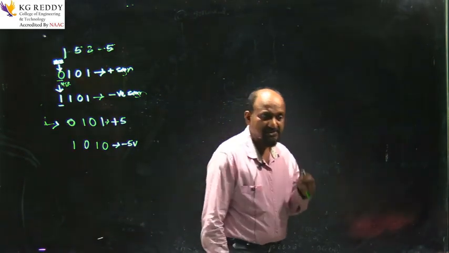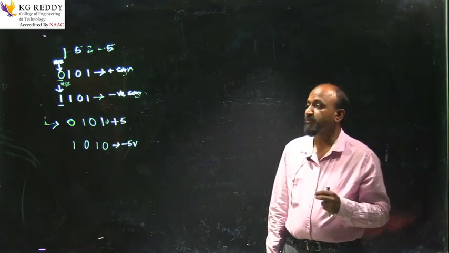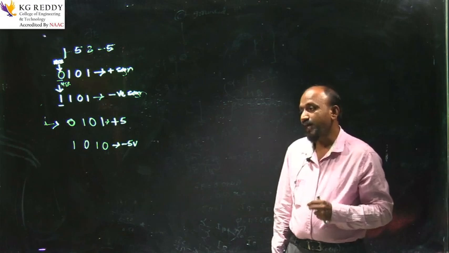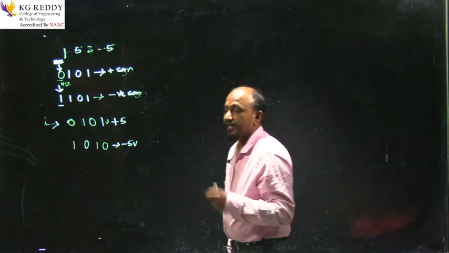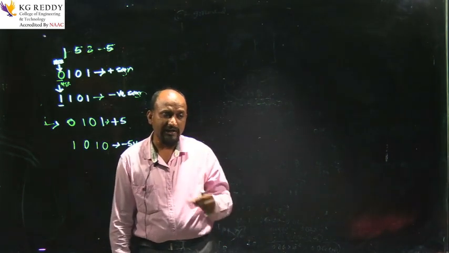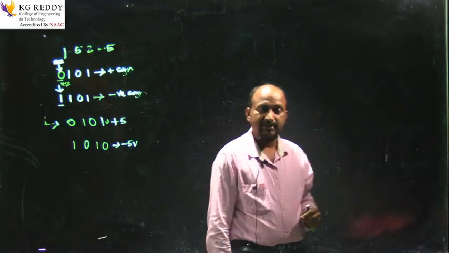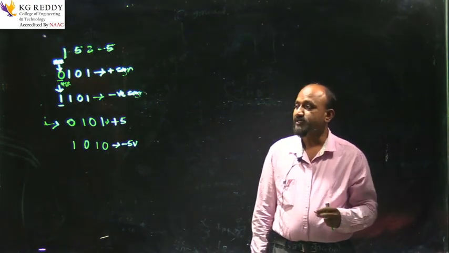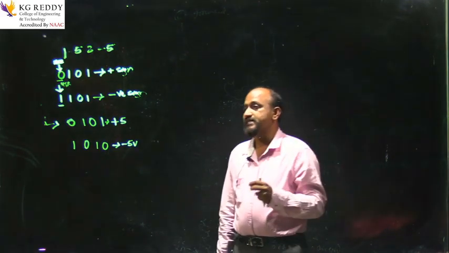In digital computers, we apply complements for subtraction, and also in logical operations. Now we are going to discuss how to apply complements in subtraction, and in later classes we will see how to apply them in logical operations.